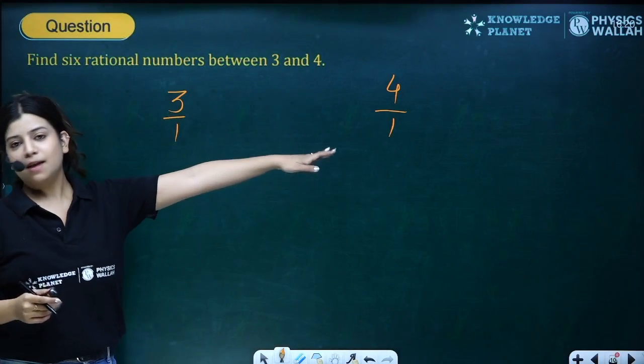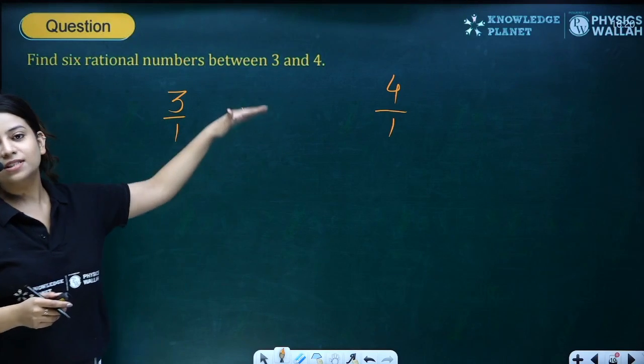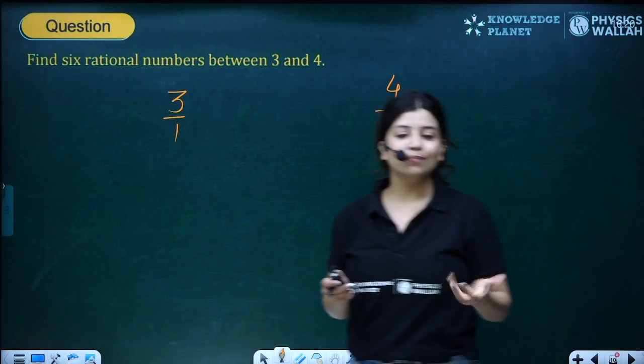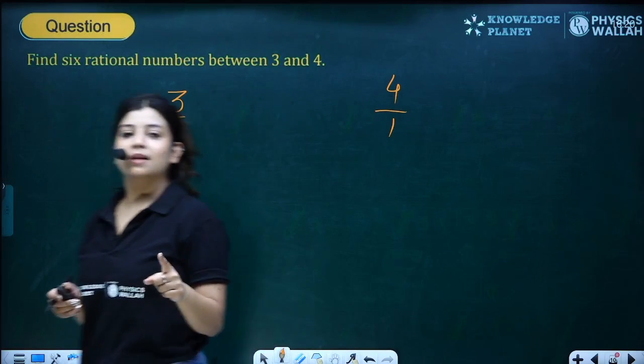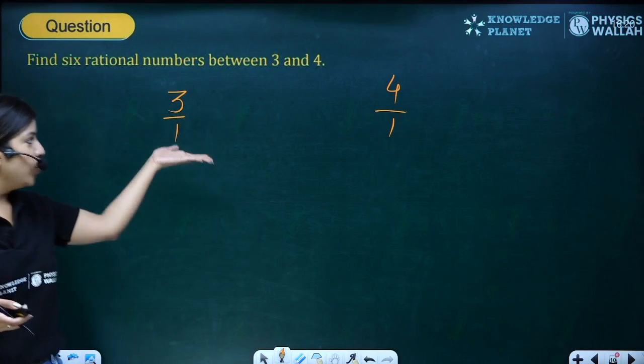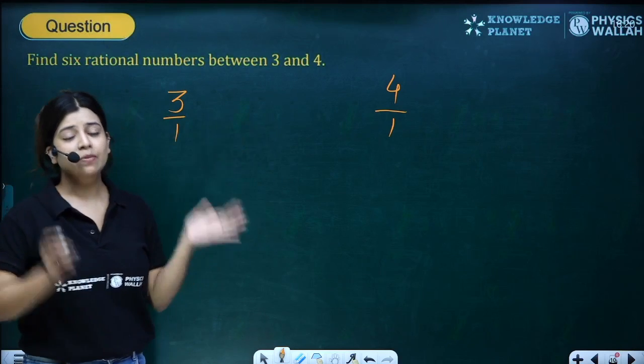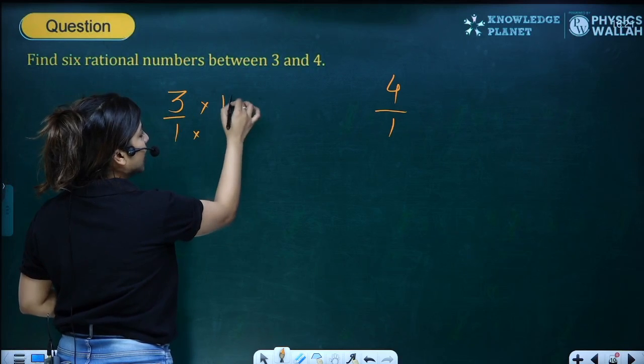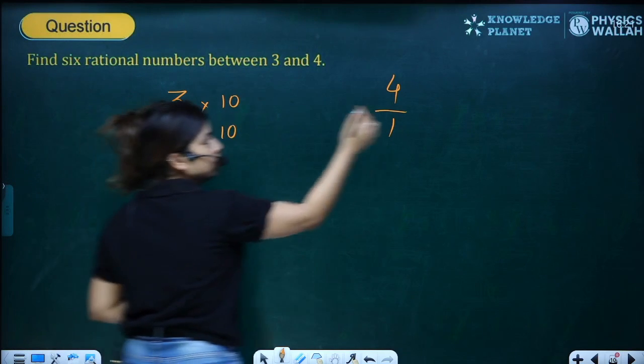Since they have the same denominator, if they did not, we would have taken the LCM, made the denominators the same, and then multiplied. But since the denominators are already the same, we are just going to multiply the numerator and denominator by the same number in both cases.